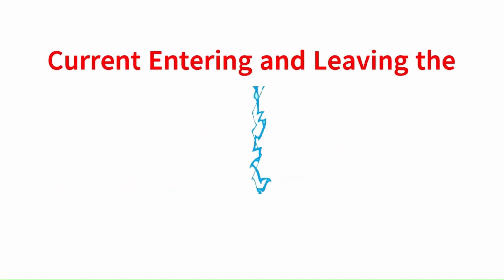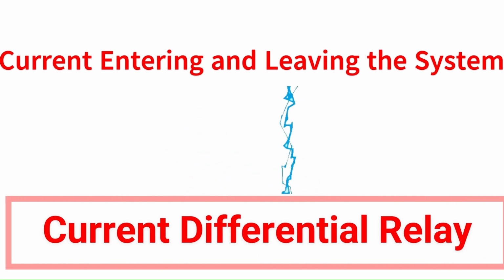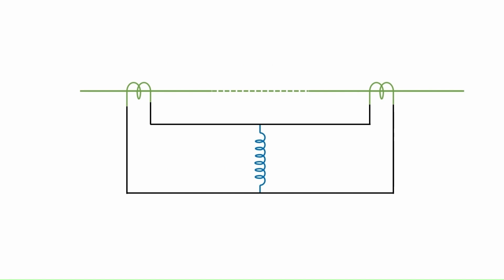A relay which operates when there is a difference between the current entering the electrical system and the current leaving the electrical system is called a current differential relay. Here you can see an arrangement of overcurrent relay connected to operate as a differential relay. The dotted line shows the section which is to be protected.